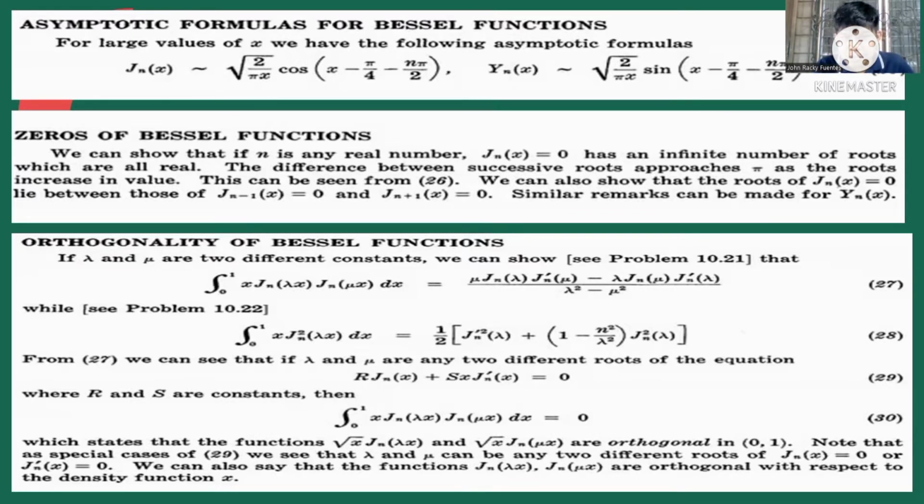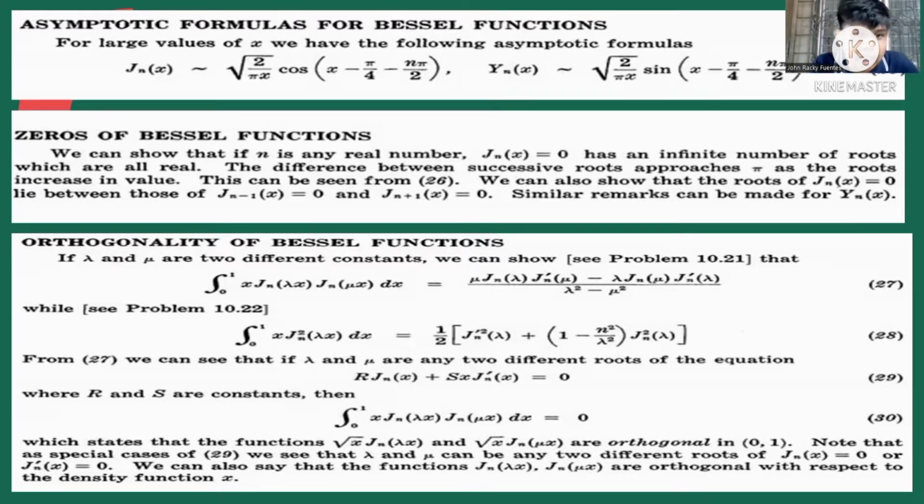We can also show the roots of J sub n of x is equals to 0 lie between the roots of J sub n minus 1 of x is equals to 0 and J sub n plus 1 of x is equals to 0. We have similar remarks that can be made for Y sub n of x.